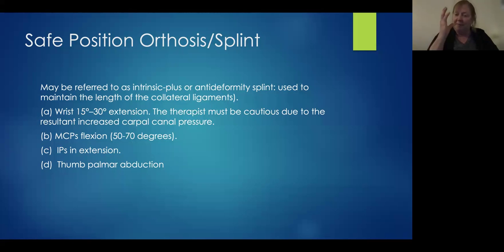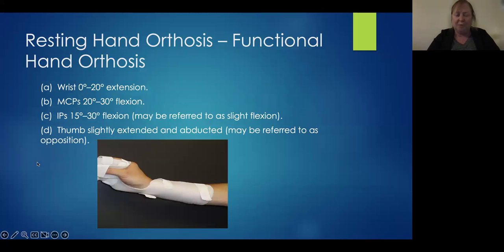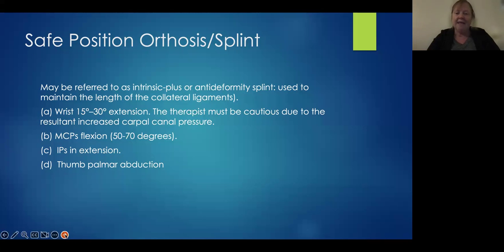If we would let them swell up in full extension, they're not going to be able to make a fist. They're going to have big problems. So we put them in this safe position. So for the exam, I just want to make sure that you're really familiar with the resting hand orthosis and that you're familiar with the safe position.